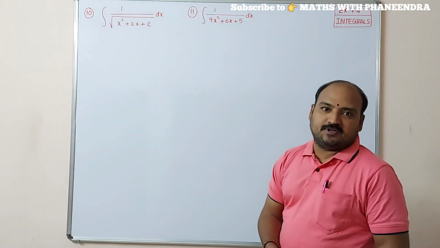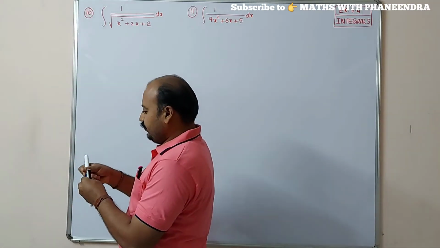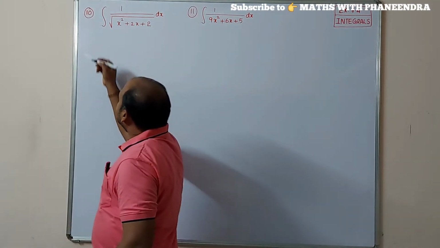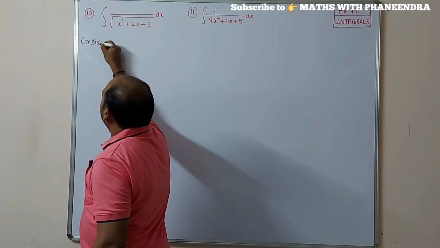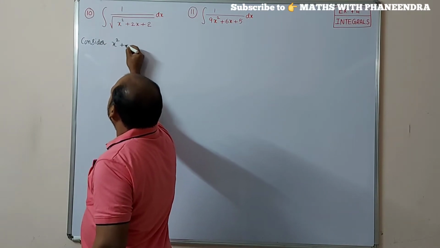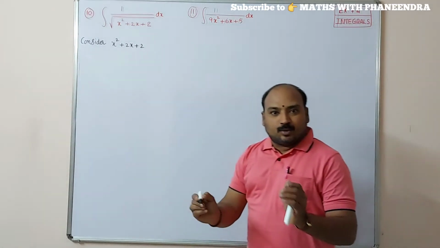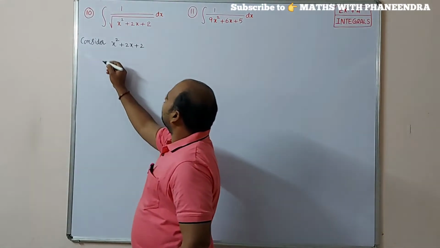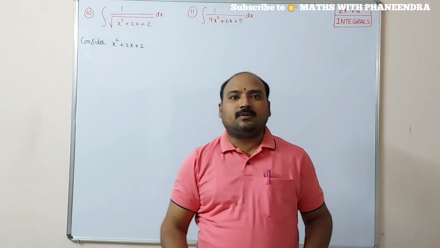So how to do that? First we have to consider the quadratic expression x square plus 2x plus 2, that is equal to this quadratic expression.